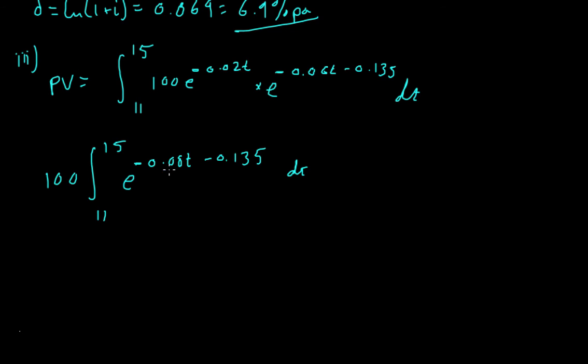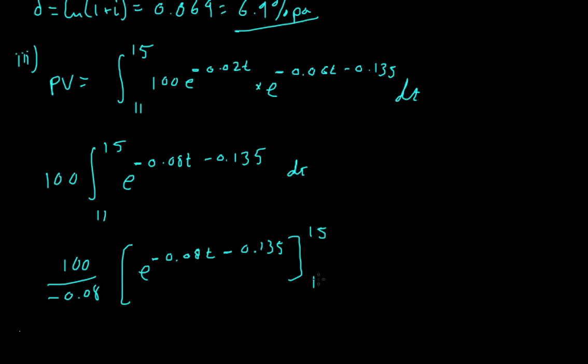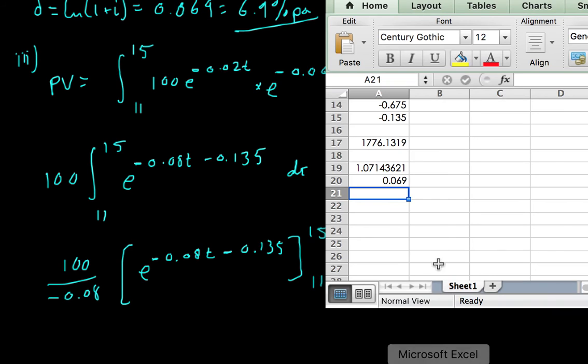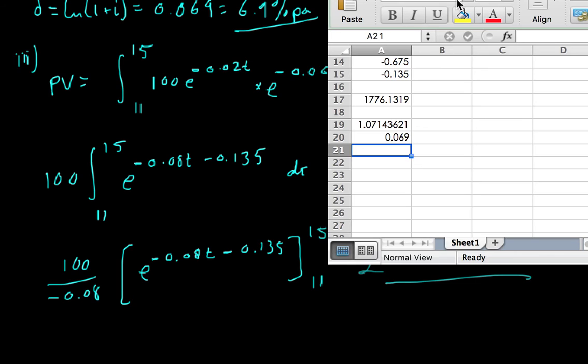And then the integral of this is itself divided by the derivative of the index, so that's 100 divided by negative 0.08. We can take that out, and then we can say e to the negative 0.08t minus 0.135 inside the square brackets between 15 and 11, and all we have to do is sub it in, and that's going to give us our present value.